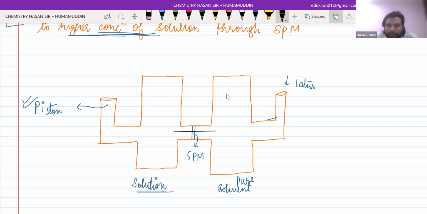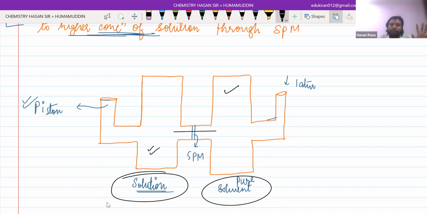As you can see, on the right hand side, it is pure solvent. Here, the substance that is present is your pure solvent, and here you can see it's your solution in which solute is also there.